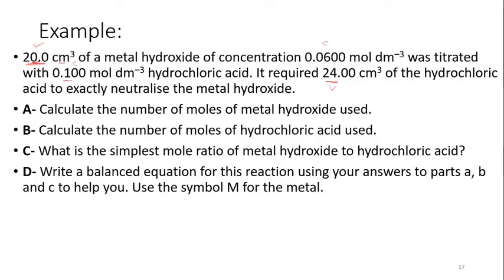So I will multiply the 20 by the 0.06. I have to use the conversion factor here. I know that 1 cubic decimeter is equivalent to 1000 cubic centimeter, and I multiply by 0.06, my concentration. This will be equal to 0.0012 moles. So now I know the number of moles of my metal hydroxide.